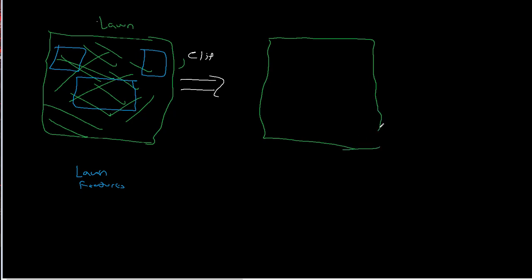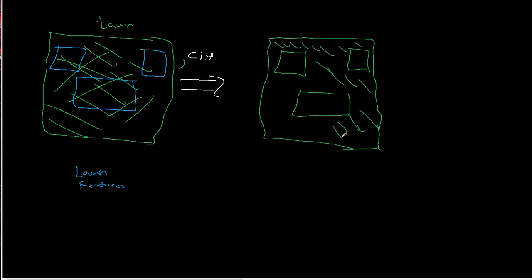We have our lawn again, and we've cut out the portion where the patio was. We've cut out the portion where the shed was, or is, I should say, and we've cut out the portion where the pool is because we don't have to worry about those anymore in terms of lawn care. And so what we have left is our lawn again, with these holes.